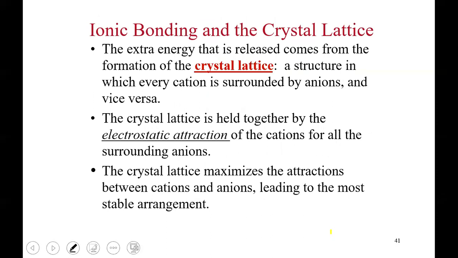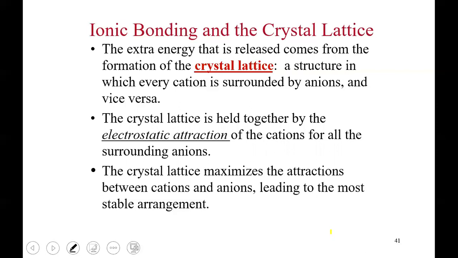Remember that in ionic compounds, every cation is surrounded by anions and vice versa. We call this a crystal lattice, which maximizes the attraction forces between oppositely charged ions and minimizes the repulsive forces between equally charged ions.